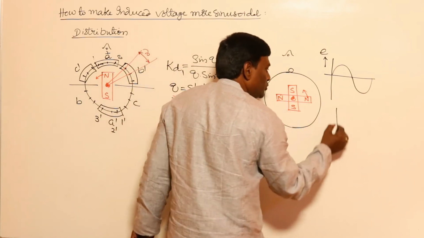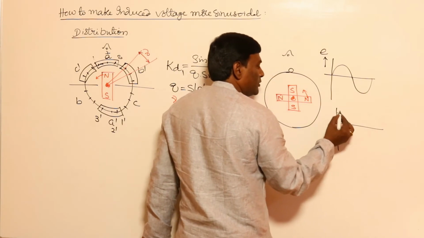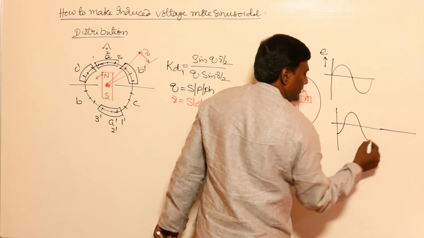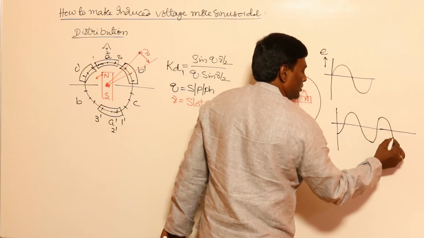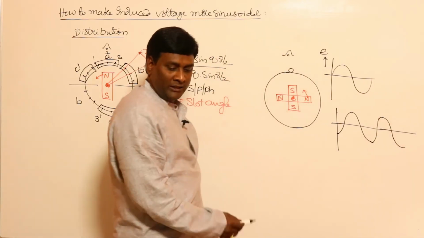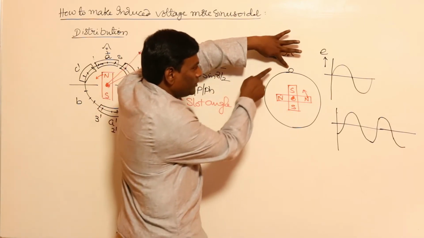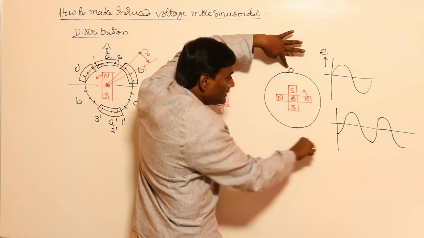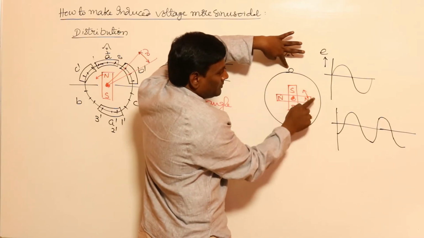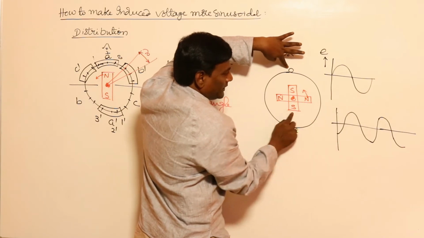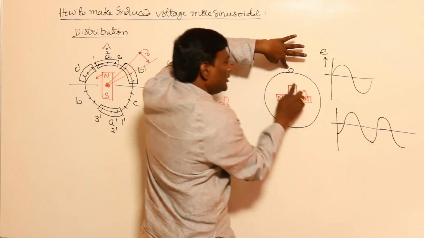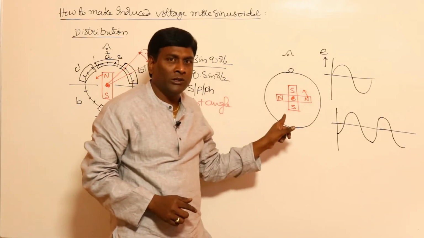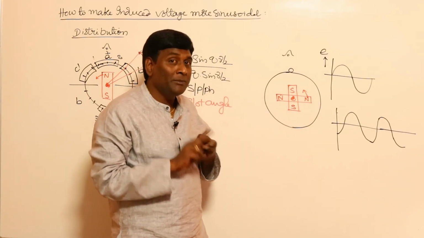So my induced voltage is going to be negative maximum, 0, positive maximum, 0, negative maximum, 0, positive maximum, 0, negative maximum. As of now it is negative maximum under the S pole.